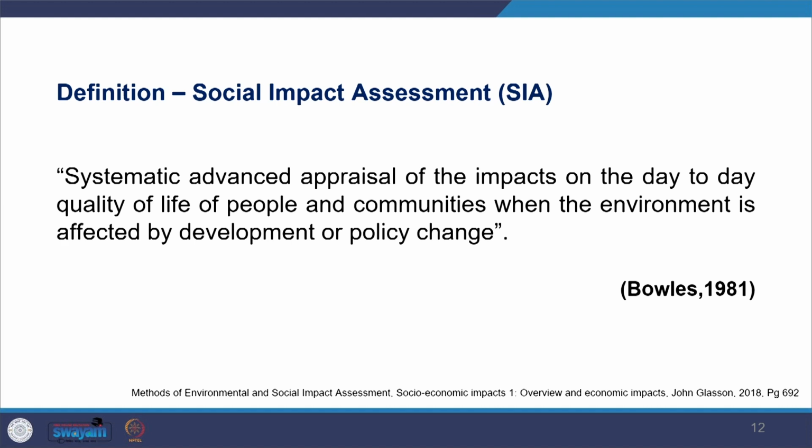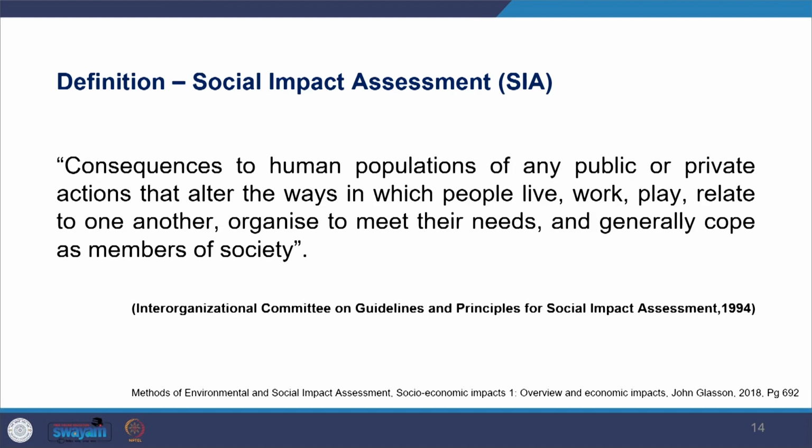Likewise, we see another definition by the Inter-Organizational Committee Guidelines and Principles for Social Impact Assessments. It talks about what kind of consequences will happen to human populations from any public or private actions that alter the ways in which people live, work, play, again addressing the day-to-day aspects of life, and how they meet their needs and generally cope as a member of society.